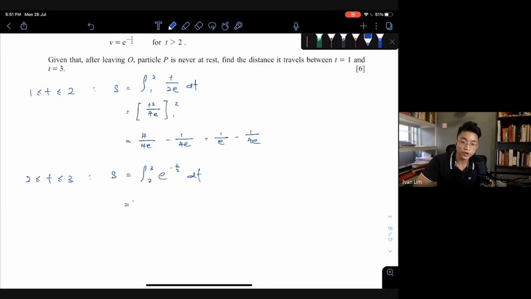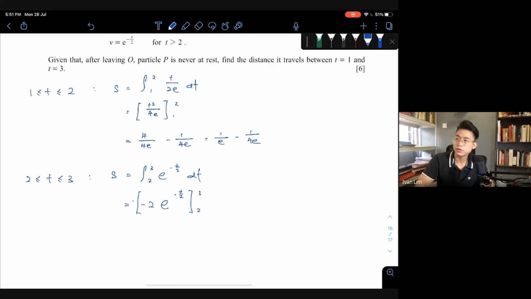It's 1 over f prime x times e to the f x. So your f prime x is negative 1 over 2. So 1 divided by 1 over 2 will give you 2, and there's a negative, so negative 2. Negative 2e to the negative t over 2, from 2 to 3.